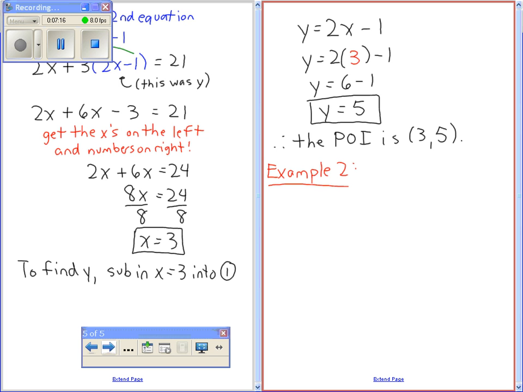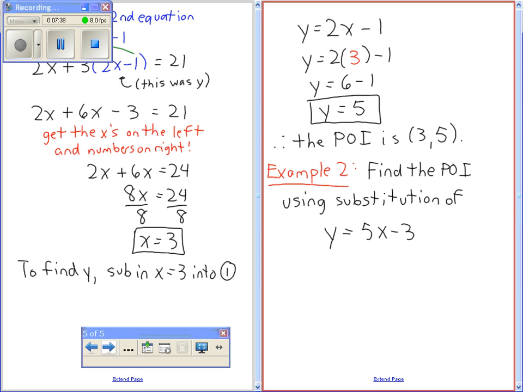Example 2 says, find the point of intersection using substitution of y equals 5x minus 3 and 8x minus 3y equals 2. Okay, so I'm going to write 1 and 2 on here. There's number 1, and there's number 2.